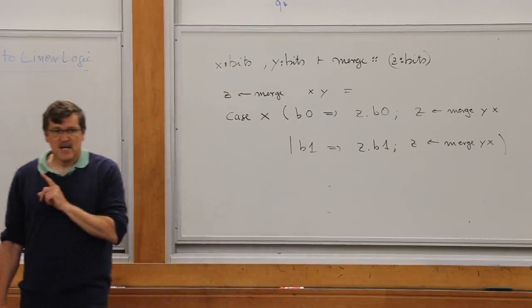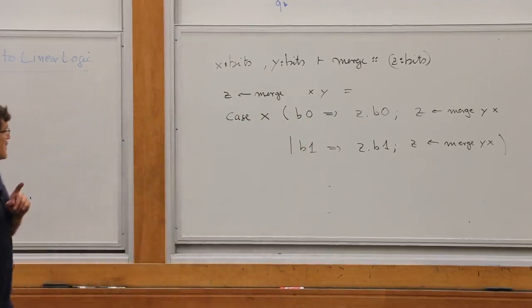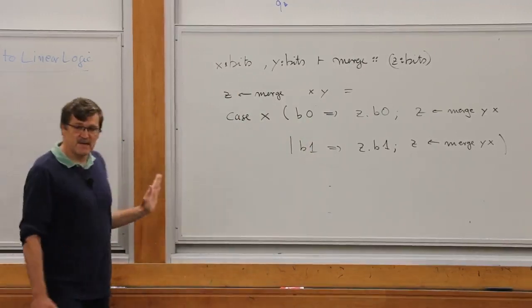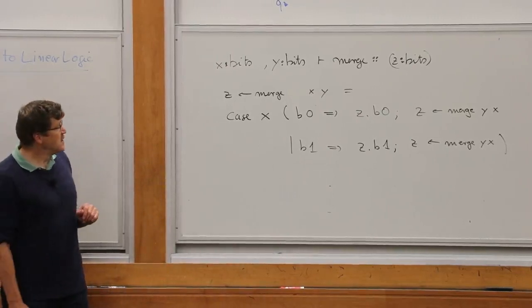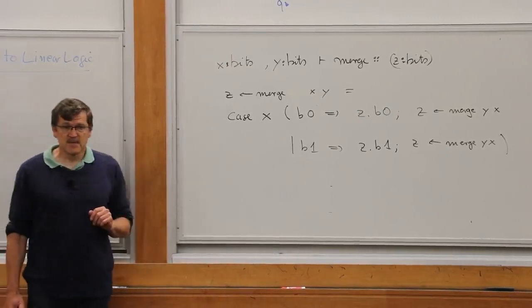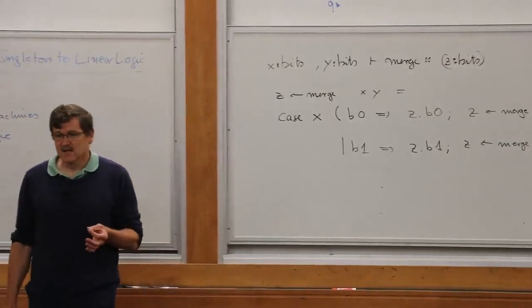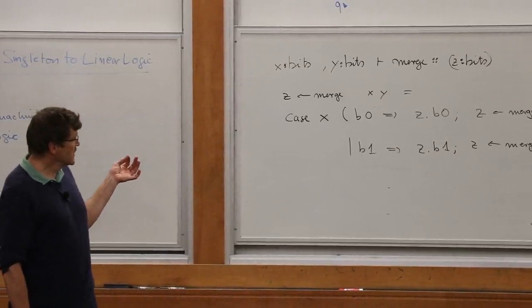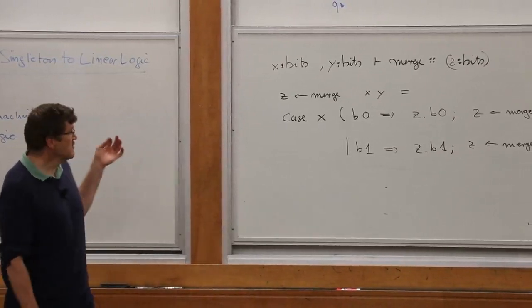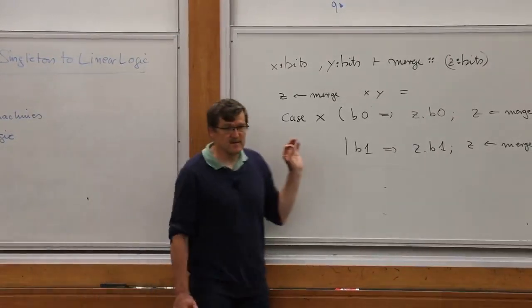But having said that, you could put everything on the left and not even have a right at all. Okay? And that's essentially what happens when you do use something called classical linear logic. And this one is called Intuitionistic linear logic, where we still make this distinction between a right and a left.